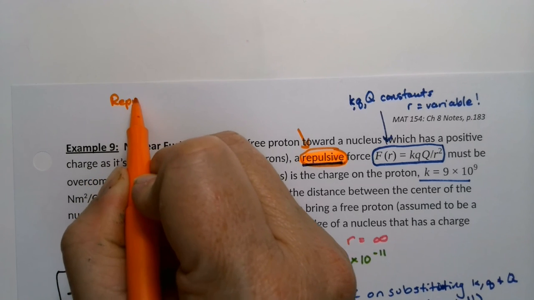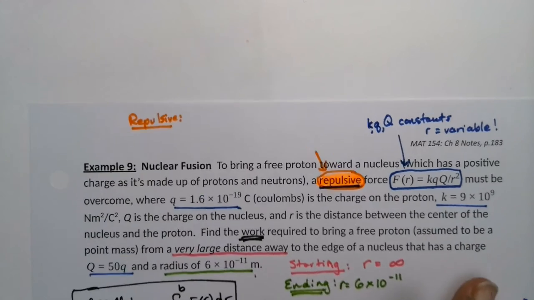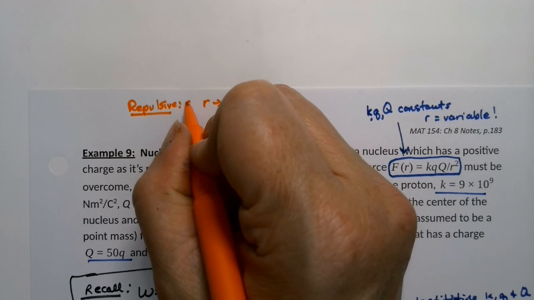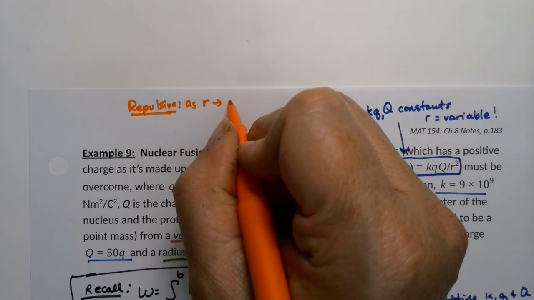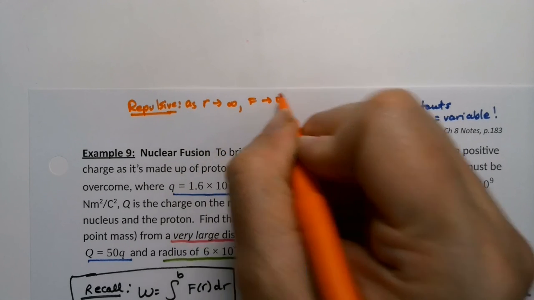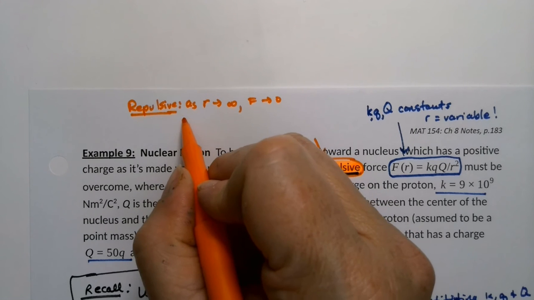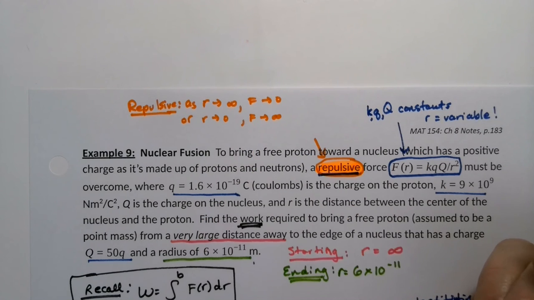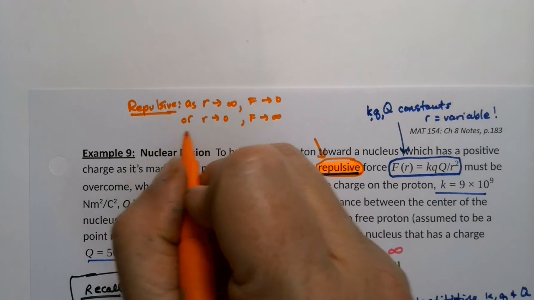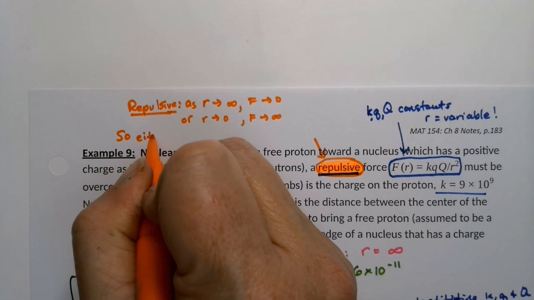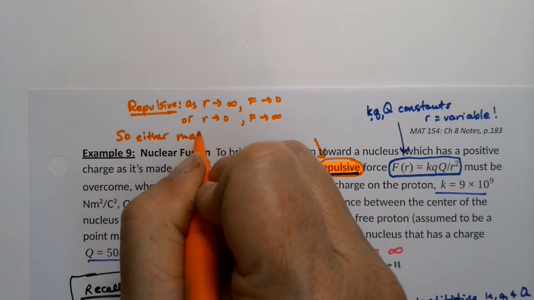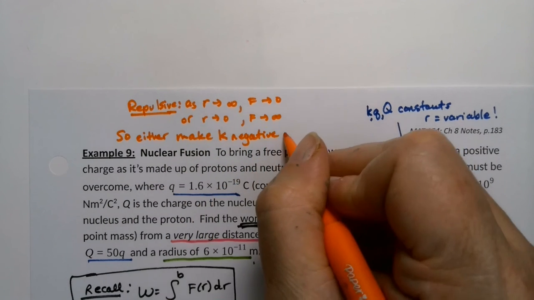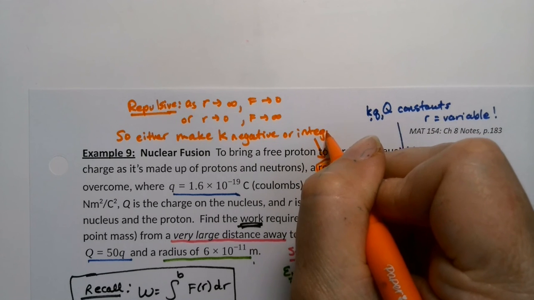It's just a physics thing. So to make that happen, either make k negative or the integral negative in order to keep the repulsiveness.